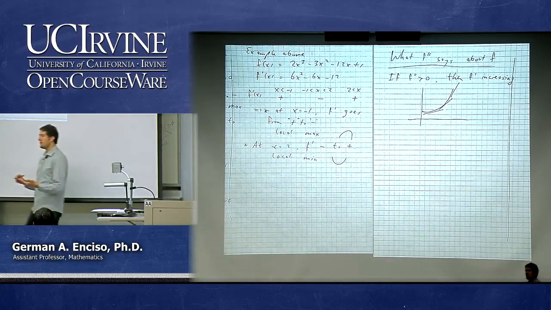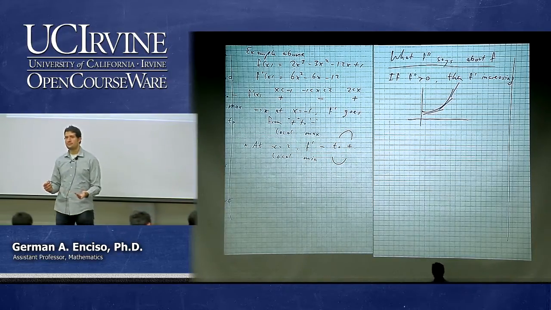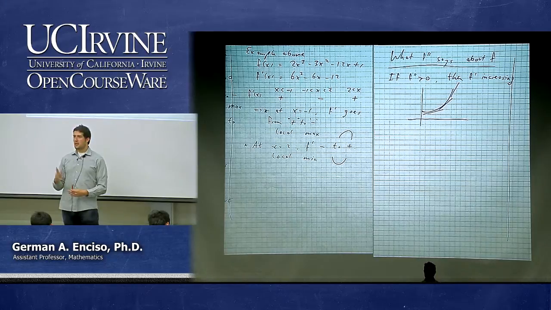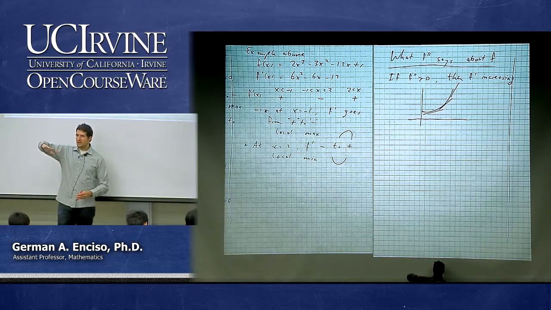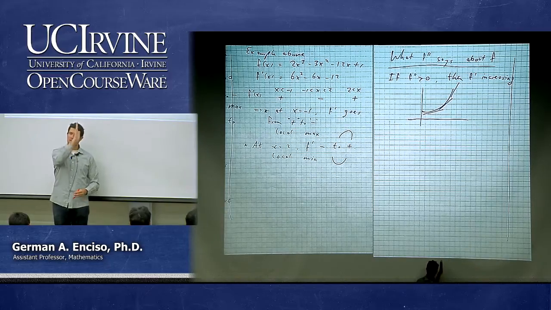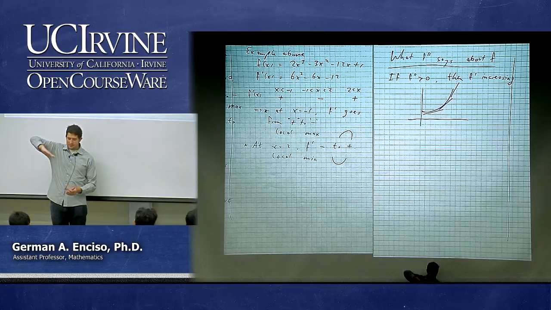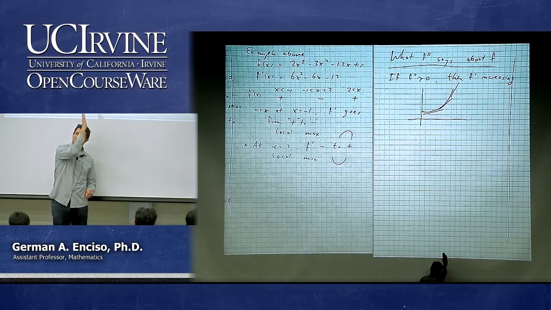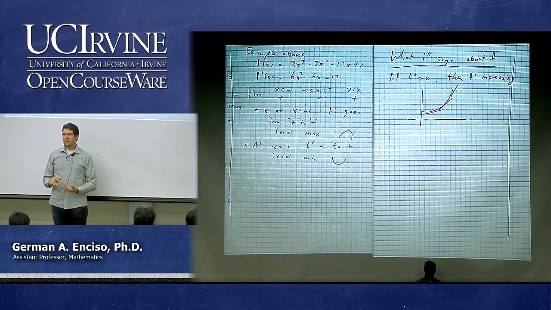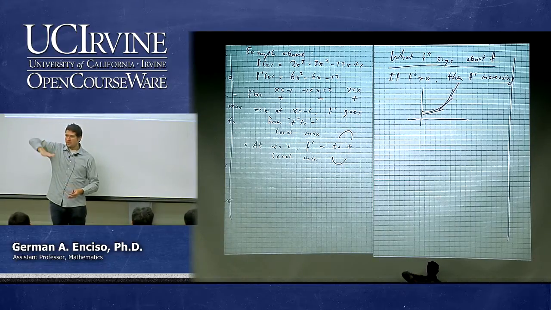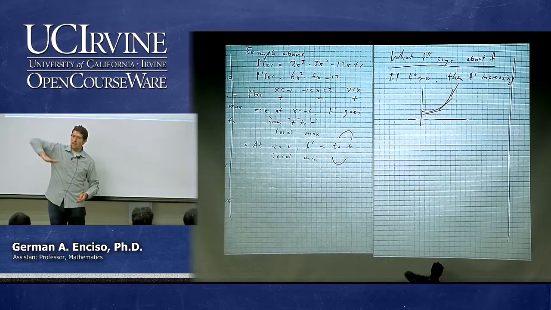So what does that say about f? It does not say that the function is increasing. It means that the function f is curved up. Whatever it is, the slope is increasing, so the function is curved up like this. Sometimes I hear that described as a happy face.